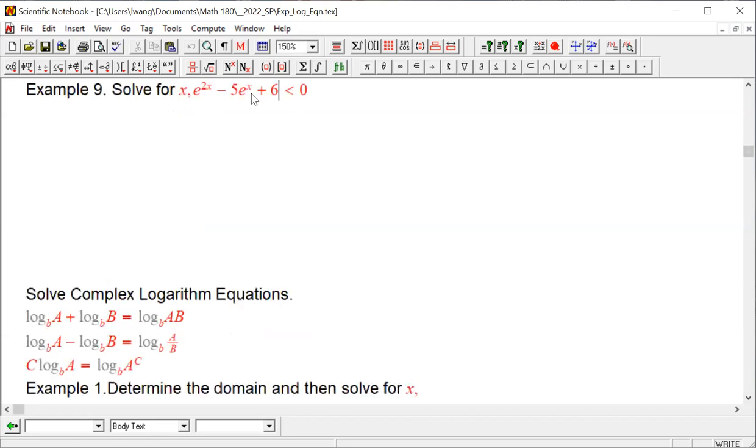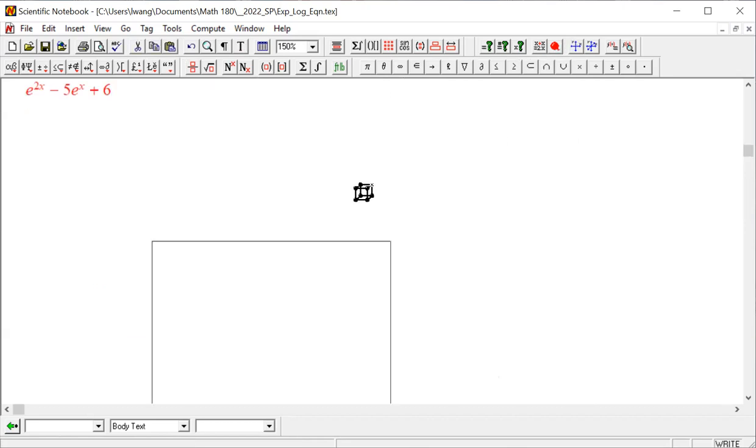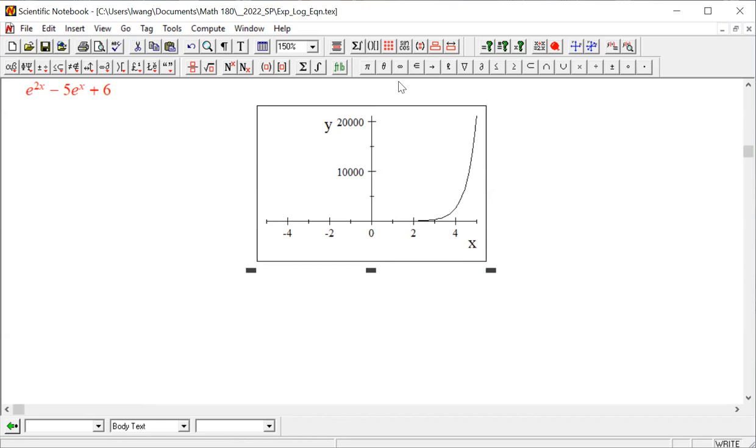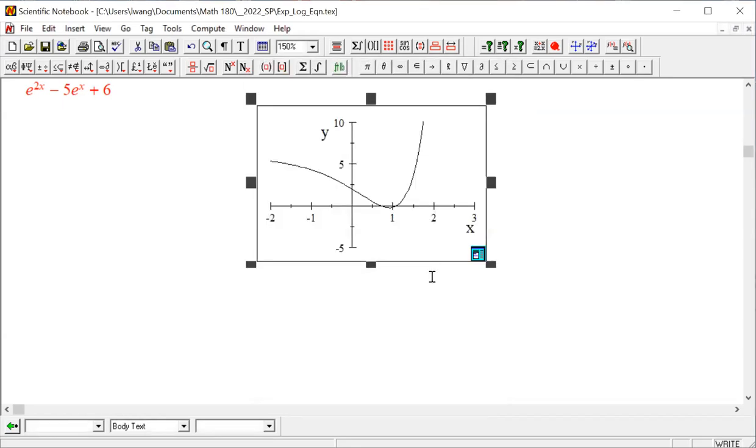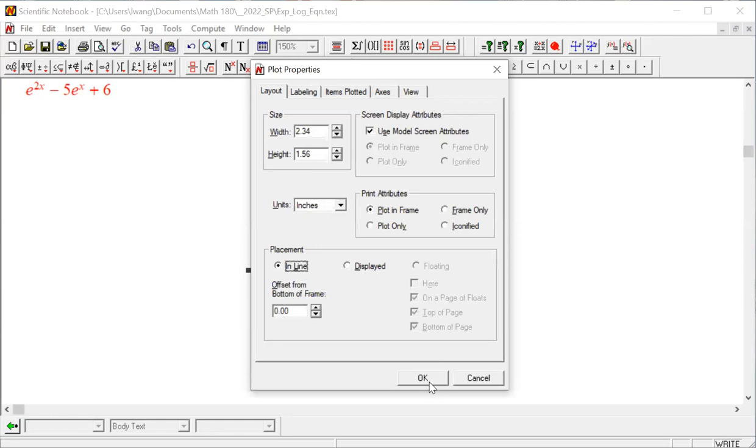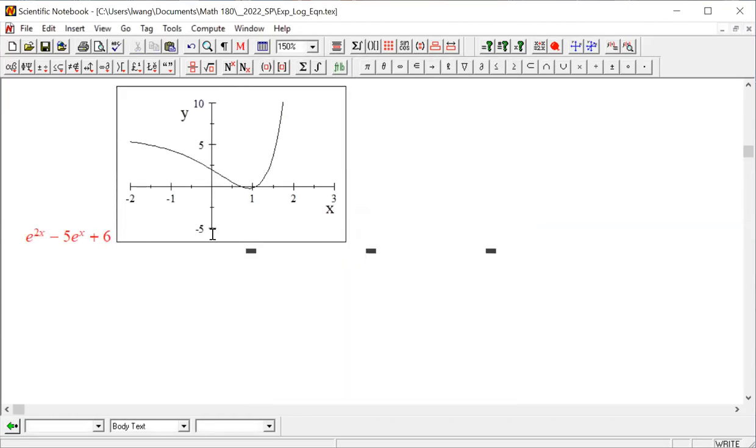Okay, as we're getting used to plotting the graph, why don't we just do this one earlier? And I think this one is going to cross the x-axis somewhere. So there's some part that's beneath. Okay, so let's try that. There you go. So we have a little part that's less than 0.